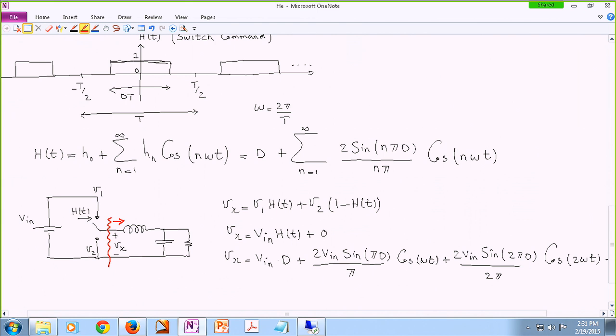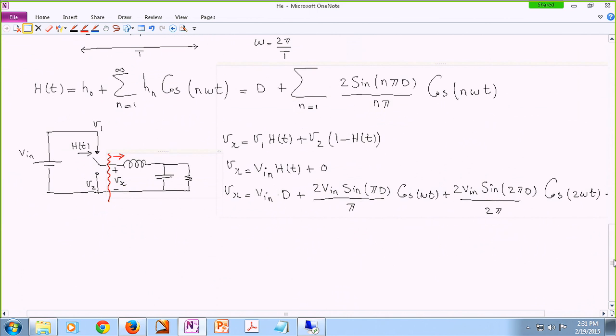So at any given time I can consider one of these terms, find my response, and in the end add all of the responses together, basically linear superposition. The answer I'm looking for is Vout or IL or something like that.